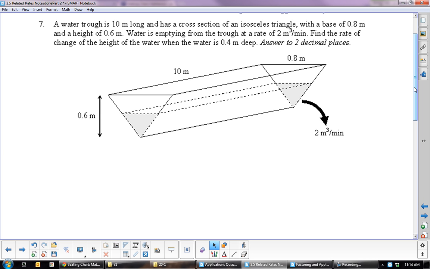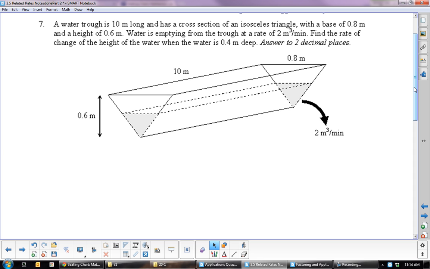Okay. And look at this, eh? Diagram's drawn already. What's the use even working on this one? We'll go through it anyway. A water trough is 10 meters long. 10 meters is even labeled for you. This is why this is called the entitlement era in your lives.